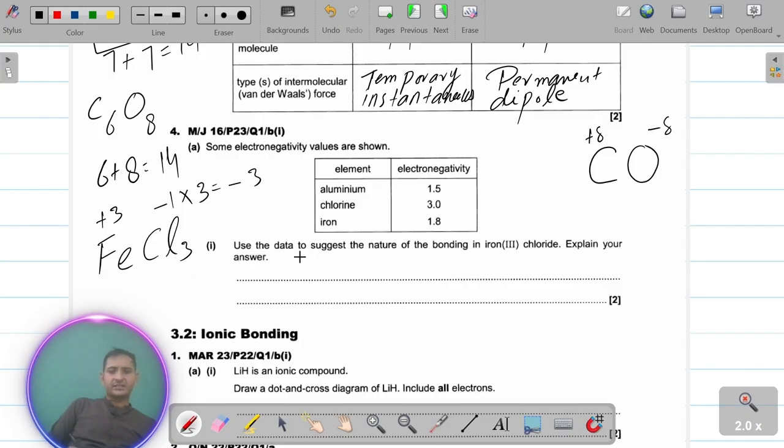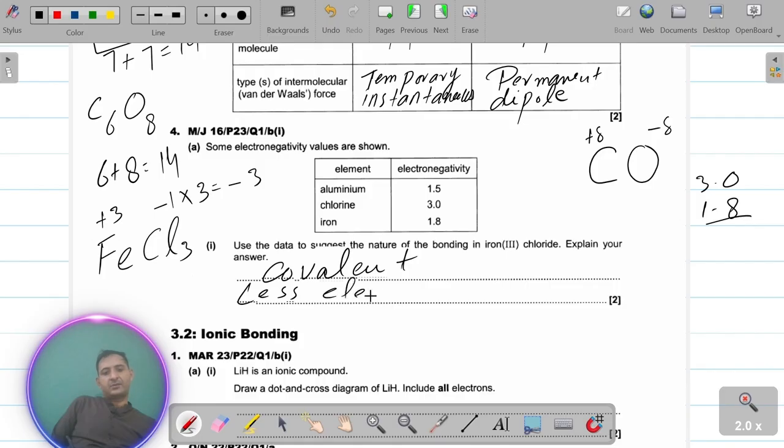Is it covalent or ionic? The bonding is covalent in nature. And why? The reason is that chlorine has an electronegativity of 3.0 and iron is 1.8, so there is a small electronegativity difference.